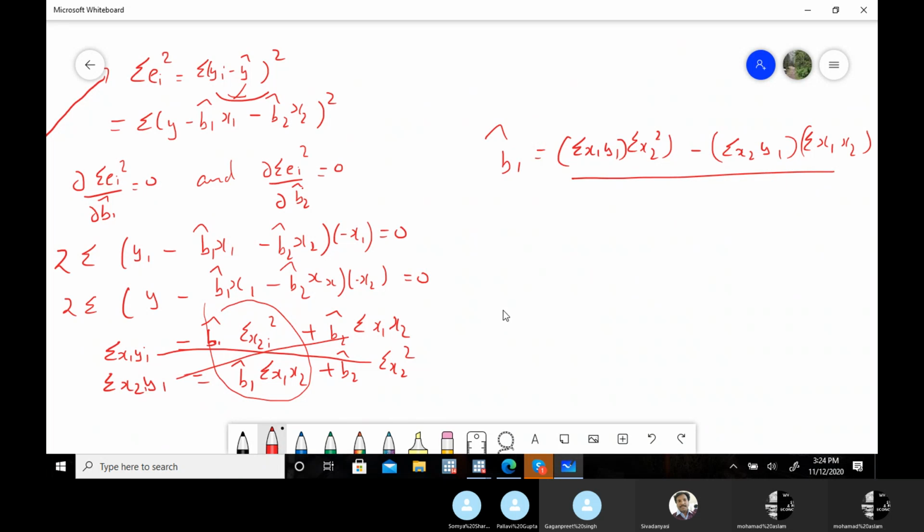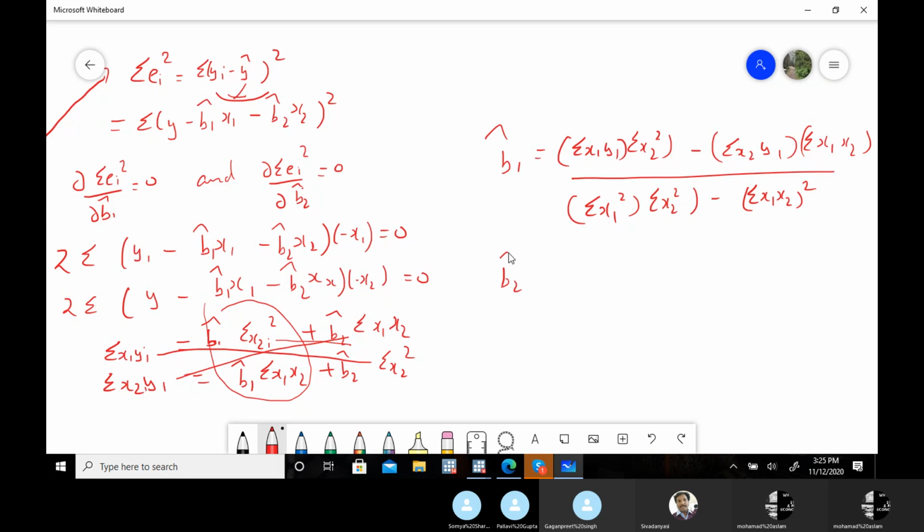The denominator is this part into this particular part: summation x1 square summation x2 square minus summation x1 x2 whole square, because it is a two-term multiplication.